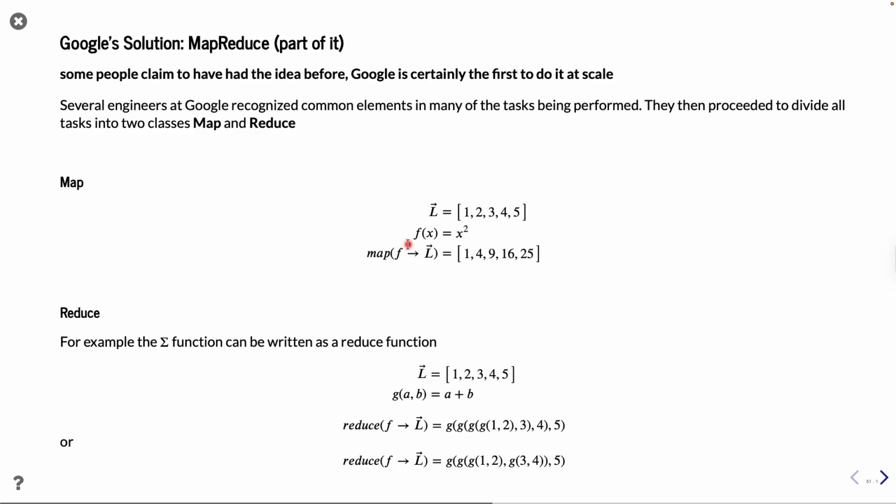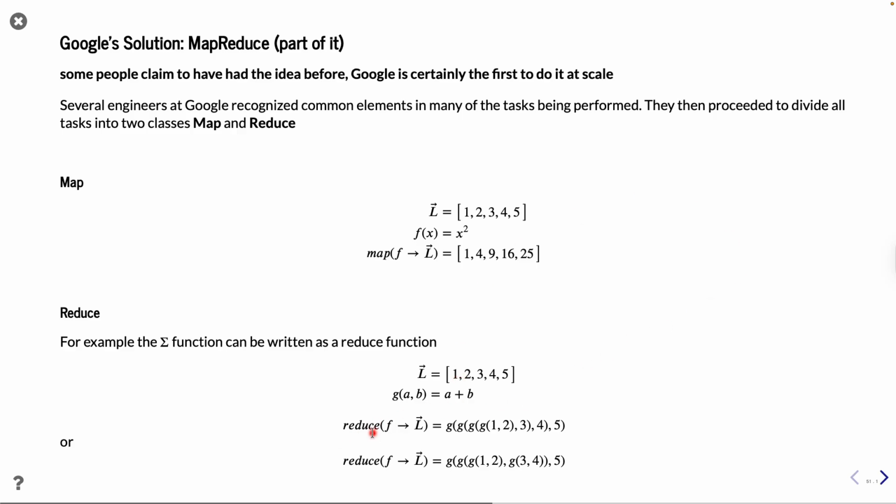So the map of the function f on the vector L gives us the square numbers. Reduce is packing everything together, and here we have the sum function, which only takes two values, so we have a plus b.